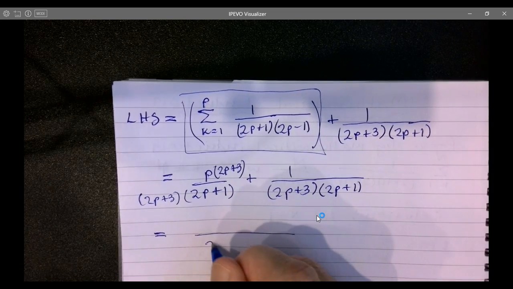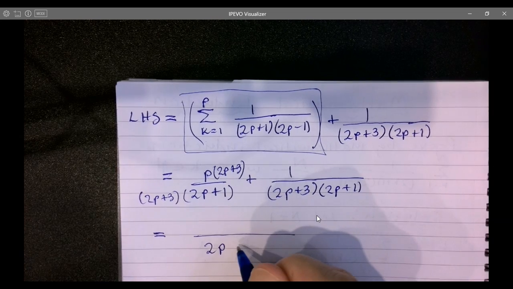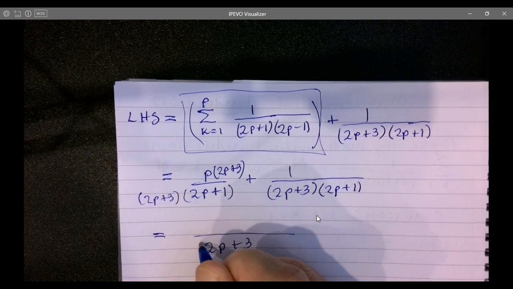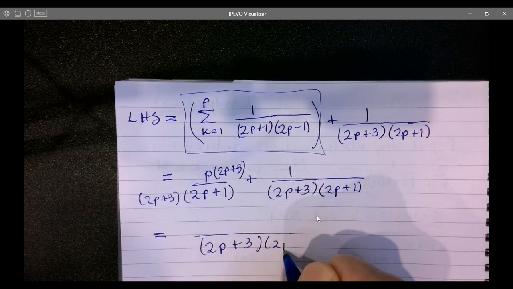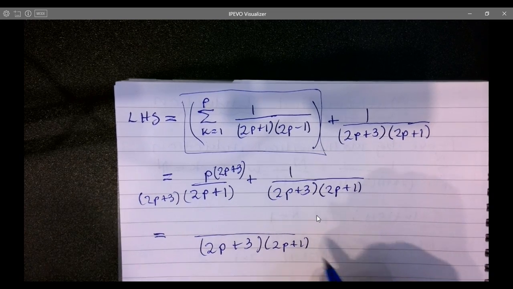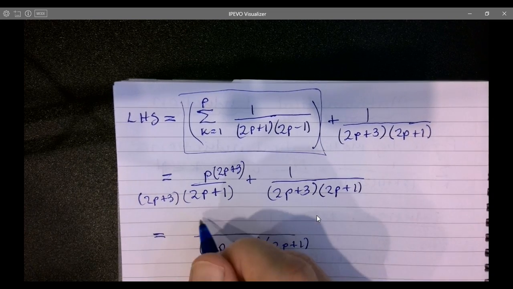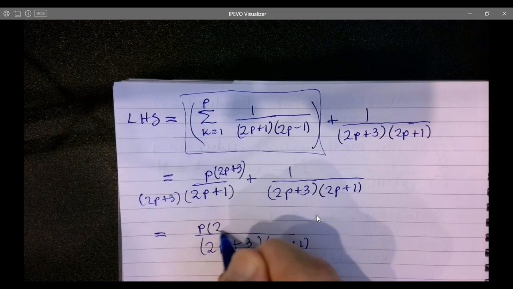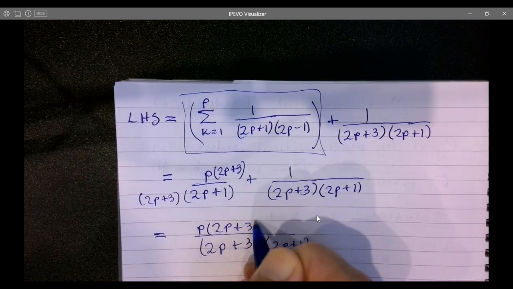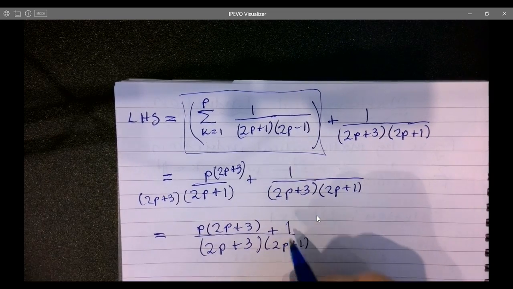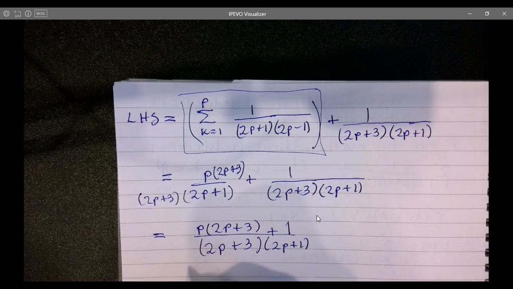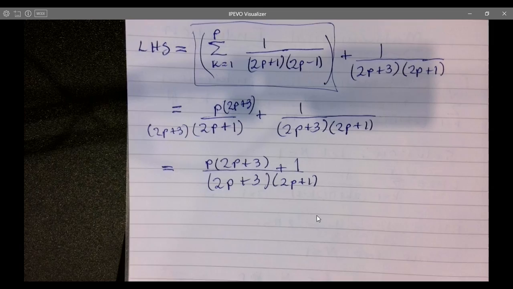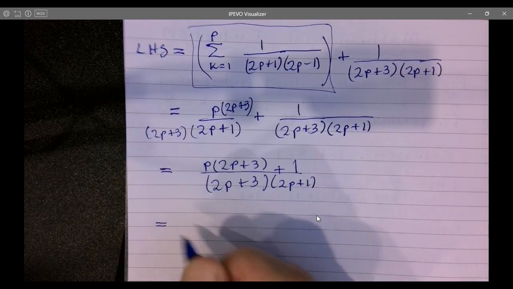So I've got (2p plus 3)(2p plus 1), then on the numerator I've got this plus 1. The next step is to expand the brackets.